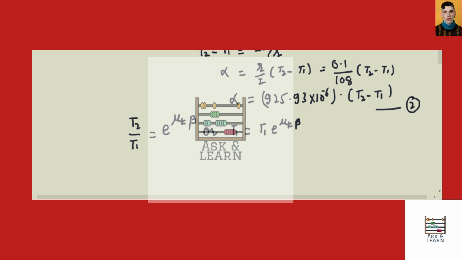Mu k is given as 0.3, beta is 180 degrees or pi radian.